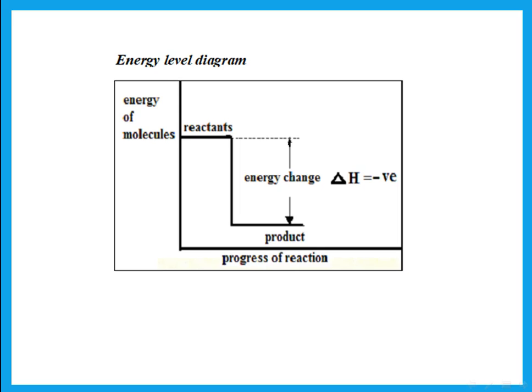Now notice that in this graph I wrote reactants and products, but if we're talking about a specific reaction, then I should specify what my reactants are. So instead of writing the word reactants, I will write something like C plus O2 or whatever, and the products, whatever they are, CO2 plus H2O, whatever. You actually write what the reactants and the products are.